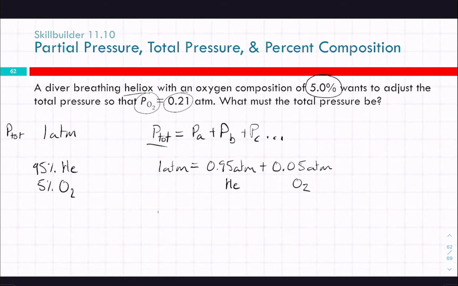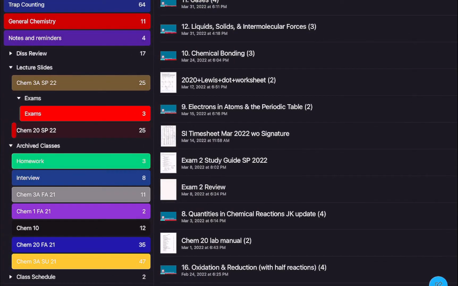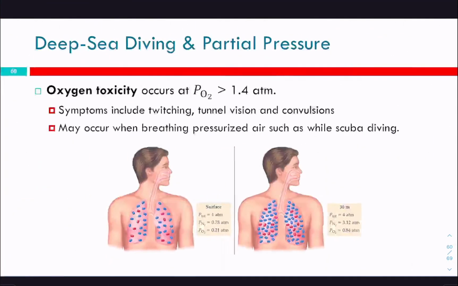I think the easier way, though, is the other one that we learned, that pressure total is equal to the fractional composition times the, okay, froze on me.